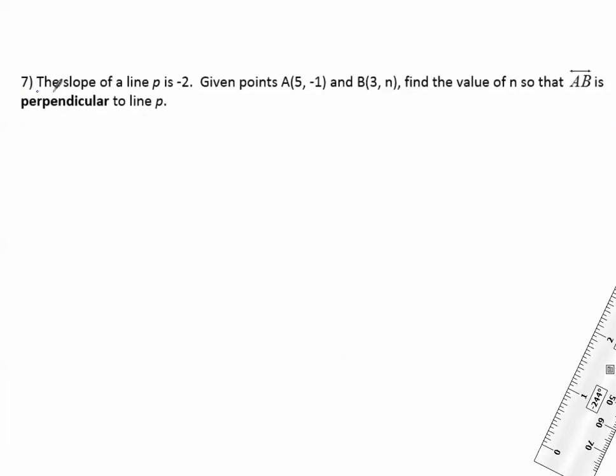Number 7. The slope of line P is -2. Given points A (5, -1) and B (3, n), find the value of n. This is our goal. Find the value of n.